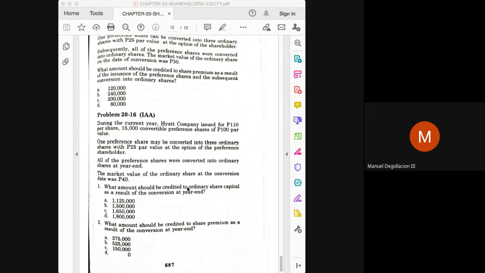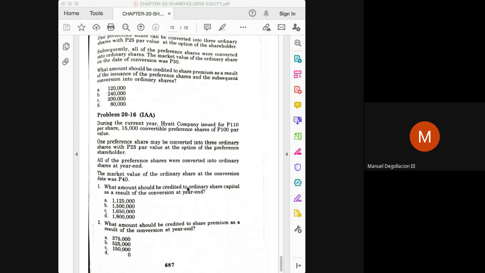So the answer to number 1 here is 1,125,000, while the answer to number 2 is 525,000. Okay, so just remember, the total value of the convertible shares should be transferred to your ordinary share capital accounts.